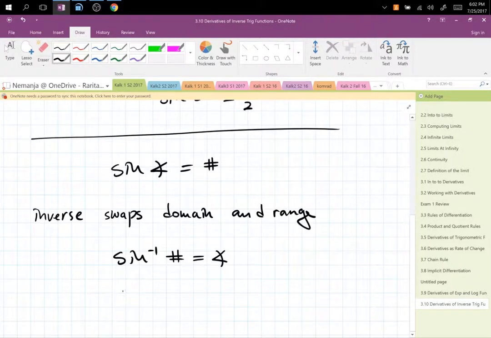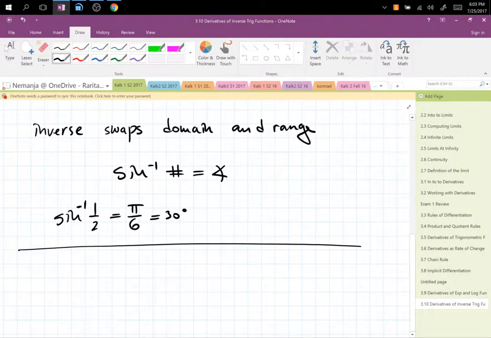So as an example here, I write sine inverse of 1/2 is equal to pi over 6, which is 30 degrees. So the input in the inverse sine of 1/2 is the ratio, and the output is pi over 6, or 30 degrees.